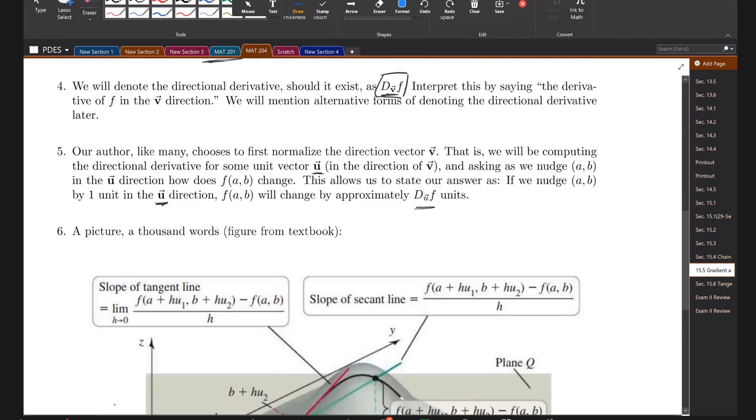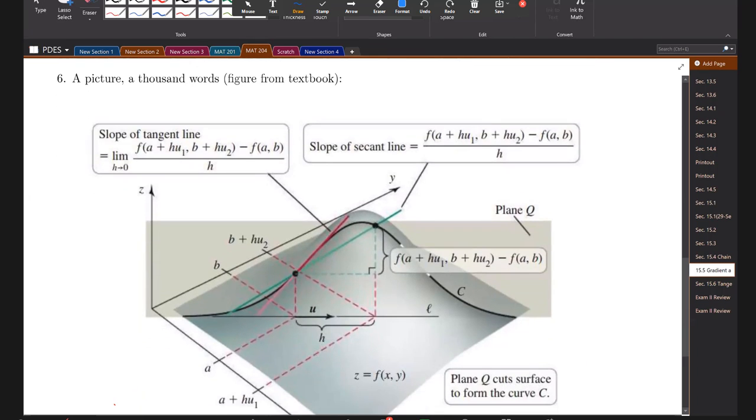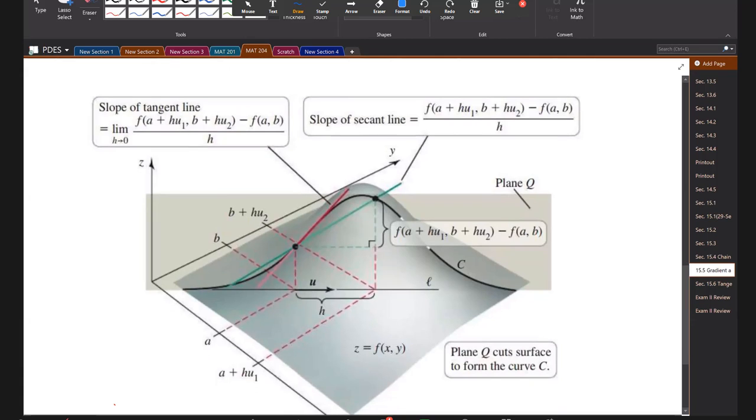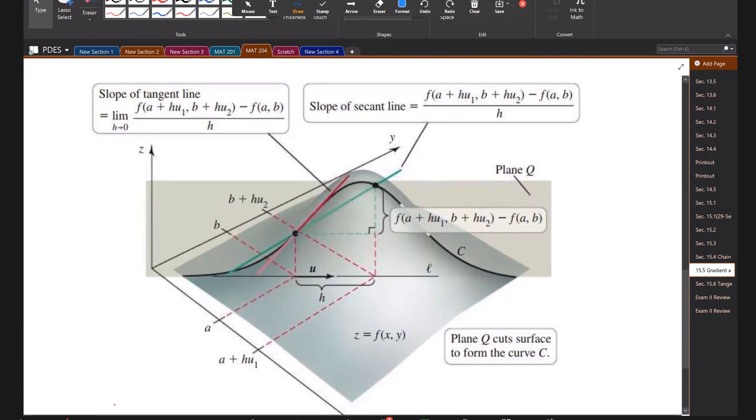All right, so let's see if we can clarify all of this with a picture here. We're going to look at the domain ordered pair a comma b. That's the domain value, right? This is our surface here. Living above this is a surface z equals f of x, y.